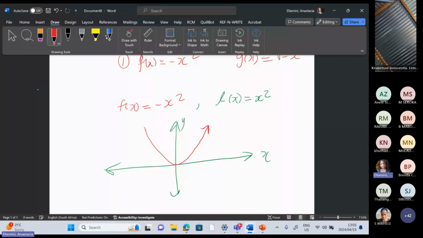Now, to get f of x, what we did is we multiplied the parent function by negative. So what are we reflecting about? If you look at this, we're reflecting about the y-axis, are we all together, the x-axis.